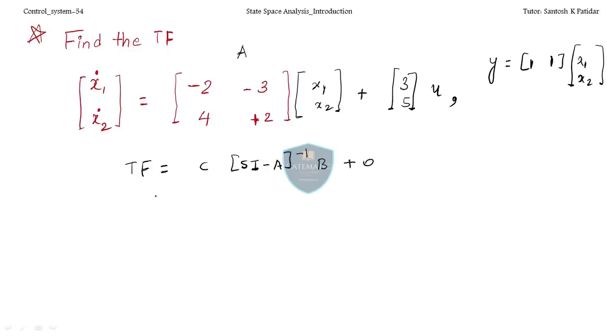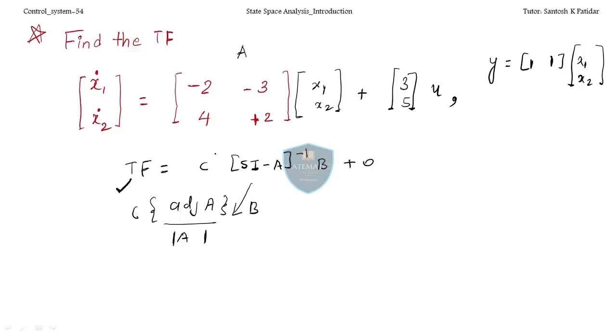For sI minus A inverse you have to construct adjoint divided by determinant, and then multiply with C and B. I think three or four times they directly ask for the transfer function only. They give the state model in equation form: x dot equals Ax plus Bu and y equals Cx plus Du, and ask what is the transfer function.